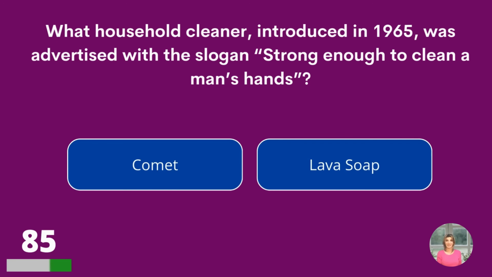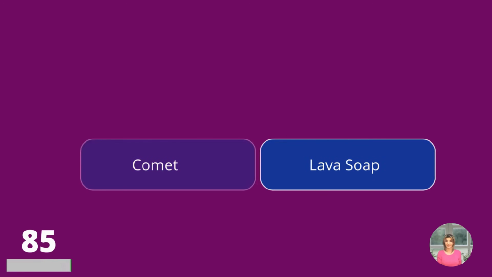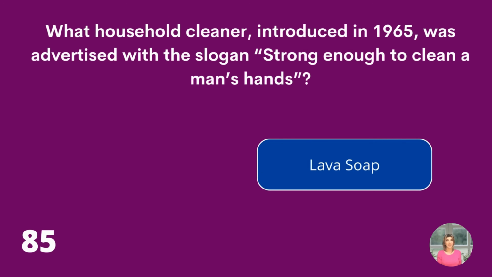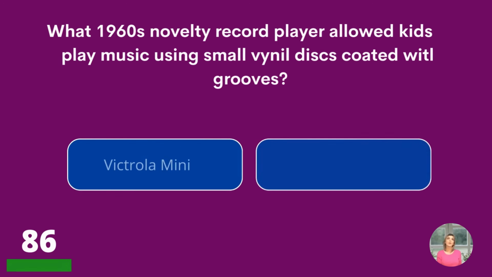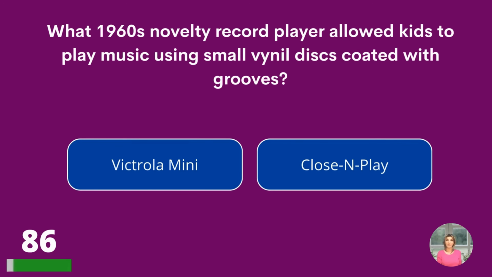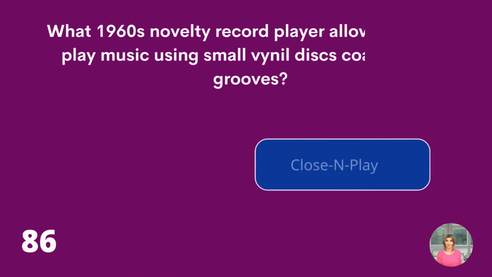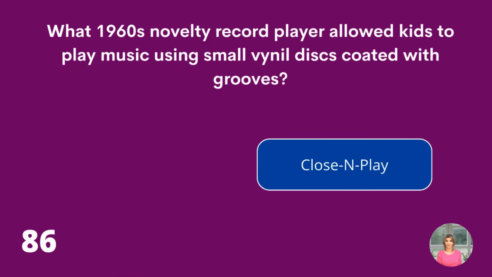Comet or Lava Soap? Lava Soap. What 1960s novelty record player allowed kids to play music using small vinyl discs coated with grooves? Victrola Mini or the Close and Play? Close and Play.